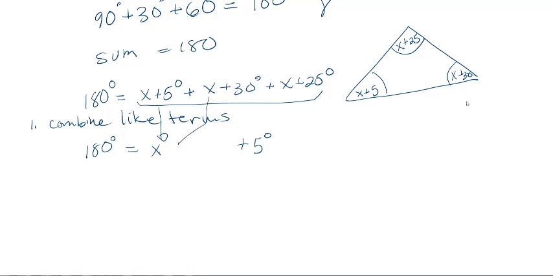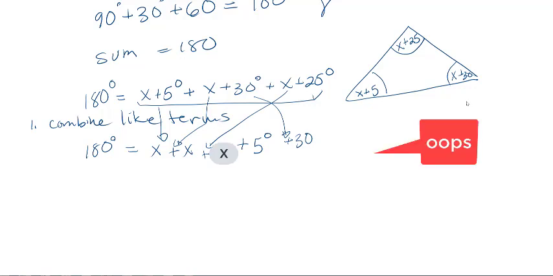Now I'm going to take this x and move it to here, plus x, plus 30 to here, this third x plus x here, and then this 25 degrees plus 25. So what I've done is I've switched around the different addition operations. I could get the variables on one side of this equation here and the constant terms on the other.